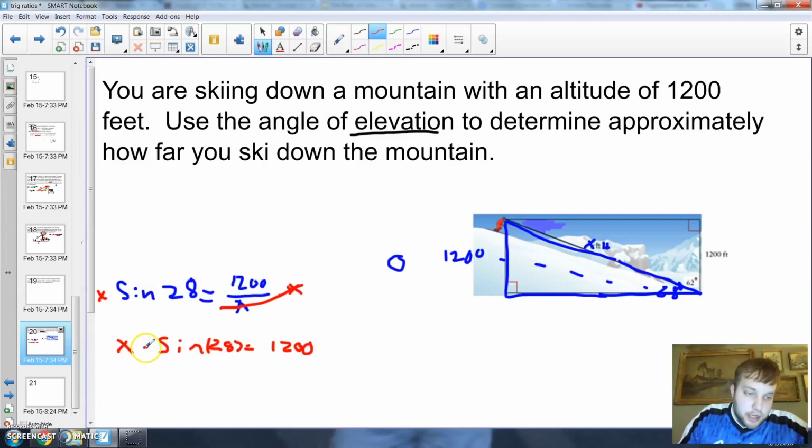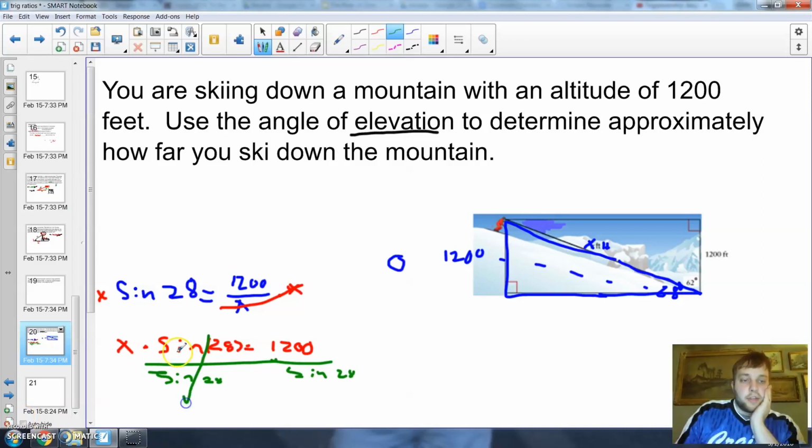Since this is multiplying here, I want to divide by sine of 28 on both sides. This cancels out, and I am left with x equals 2,556.